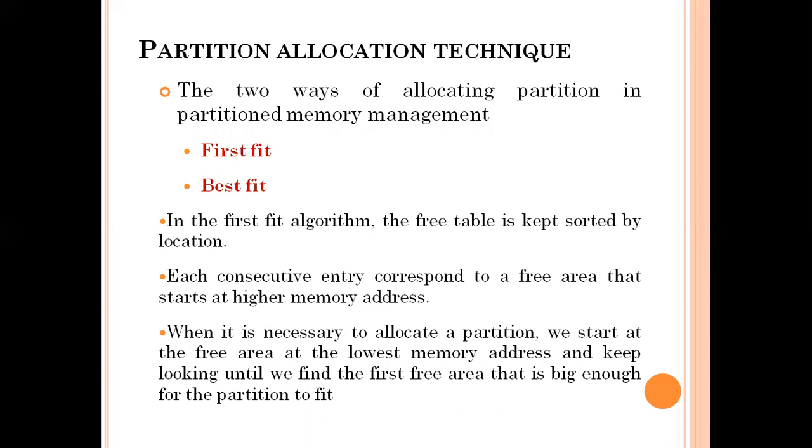Each consecutive entry corresponds to a free area that starts at a higher memory address. That means in the first fit algorithm, the first line in the free table indicates a particular partition that starts at a particular address. The second entry indicates the next free partition whose address is higher than the previous one.